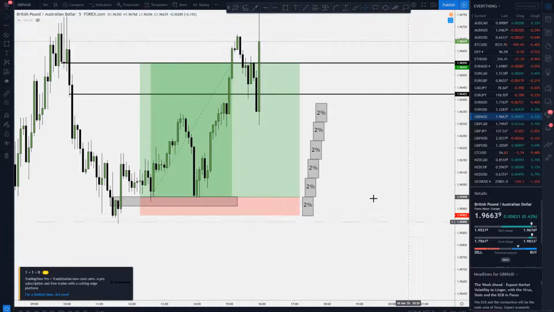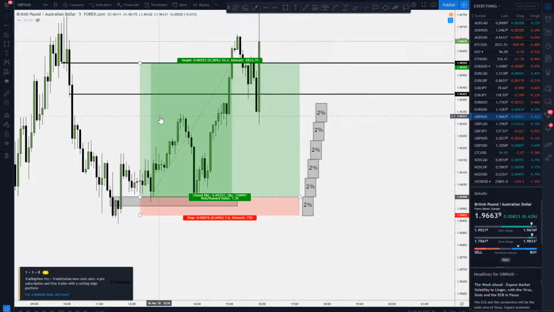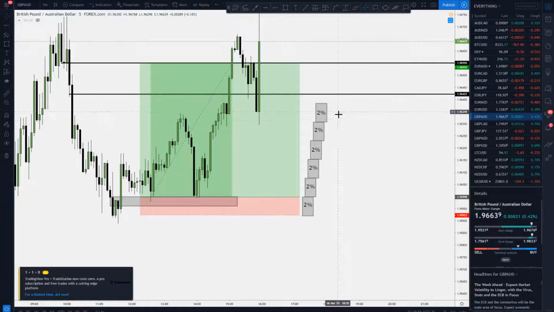Okay? But once we get up to that high that we were looking to run, because our take profits were above that, our first take profit was here. And this is another way that you can do it. Always at least try to have 2 or 3 take profits. So once you hit your first take profit, you can take half of that off.